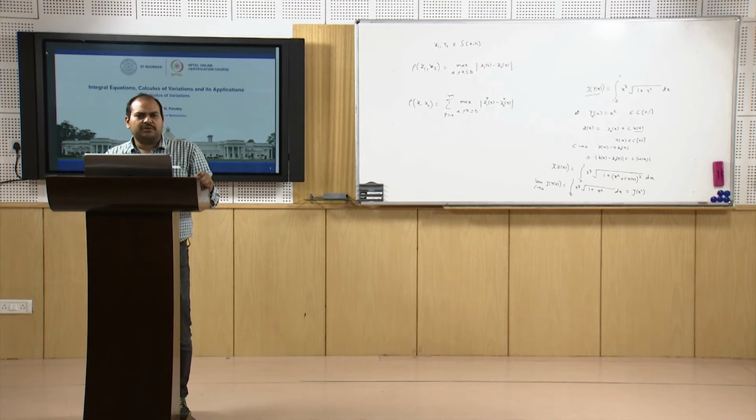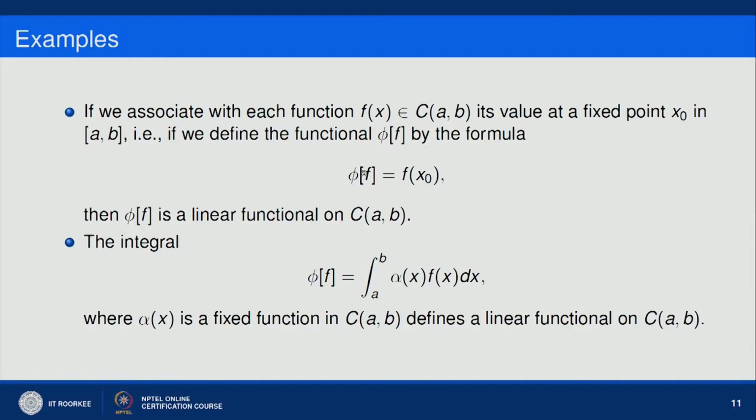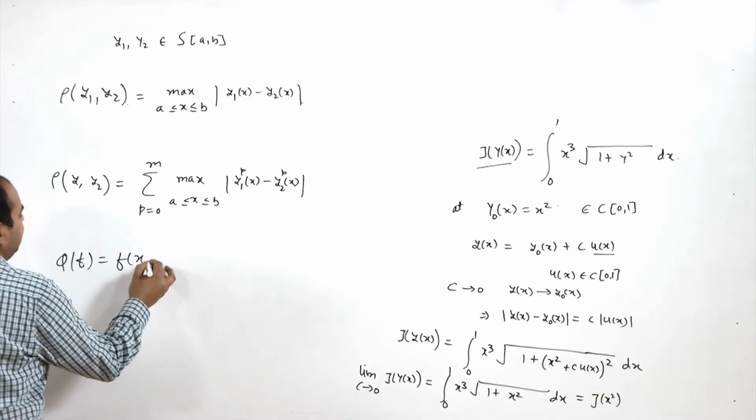Now going on to examples, the first example we can consider is the functional defined on f as the value of f at a particular point x naught, where x naught is any point in the interval [a, b]. Now I can define this in this manner. Here phi of f is defined as f of x naught.